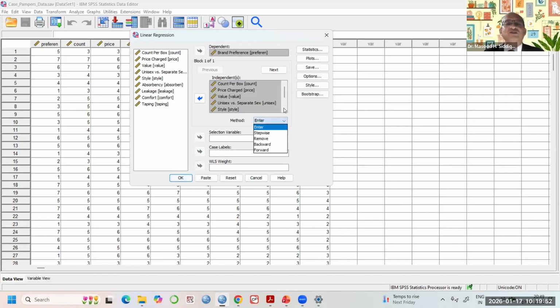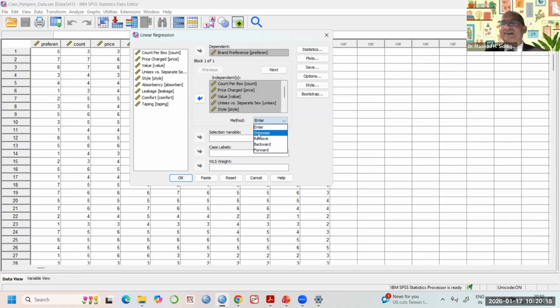There are other methods also, like forward, where each feature is being entered one by one. So at the first go, we will be having the most important one. In the second, we will be having the second most important one, and so on, till we are getting the significant predictors. In the backward method, also known as backward elimination, features are eliminated one by one.